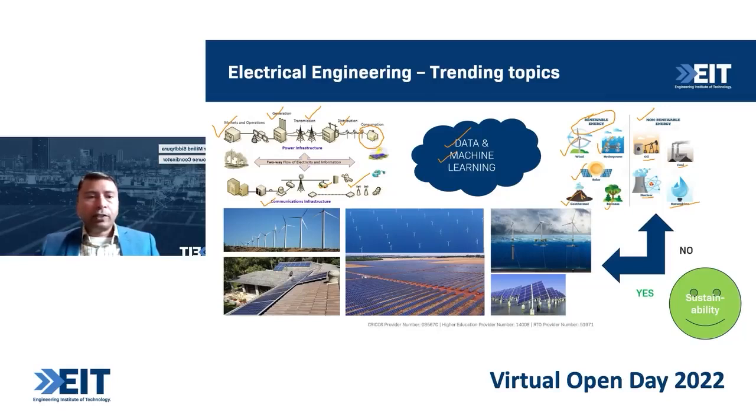So here you can see some pictures of renewable energy, wind turbines, the wind farm. Then you have a solar farm and some geothermal energy, solar panels. And so the goal is basically to maintain sustainability in whatever you do in the engineering space. So I hope that helps going forward.